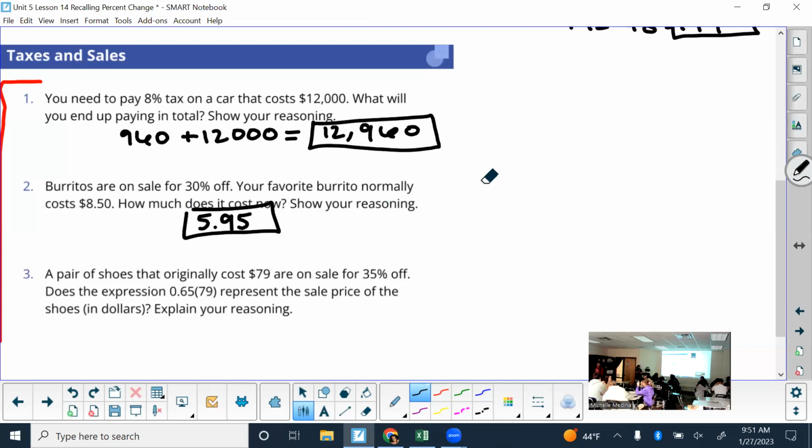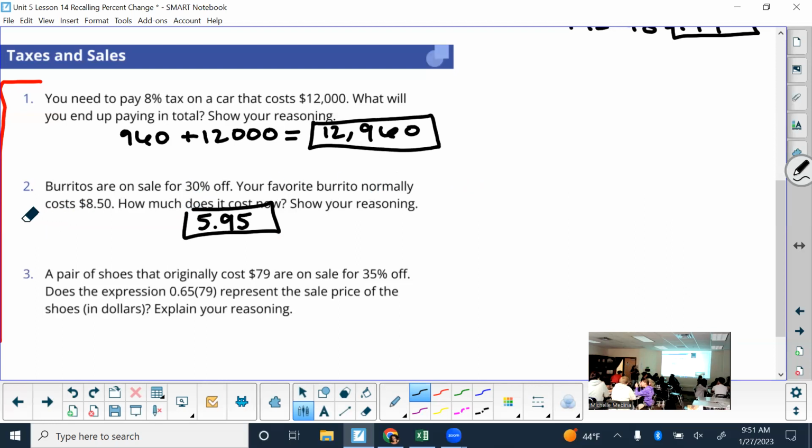Table 4, how can I figure out the 30% off of the $8.50? Multiply what? We're on number 2. So the question was, how can I figure out what 30% of $8.50 is?